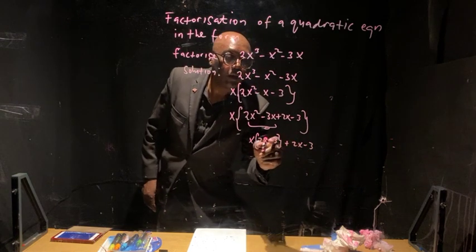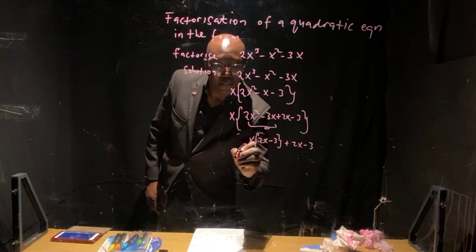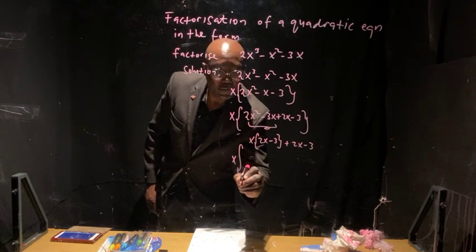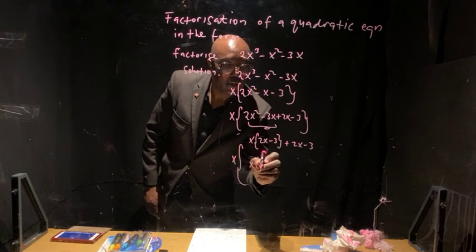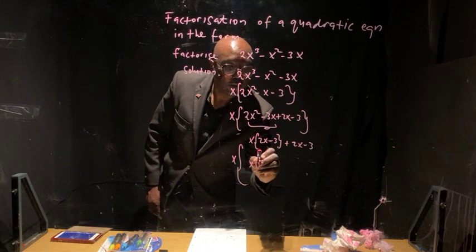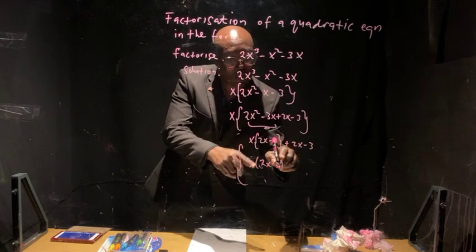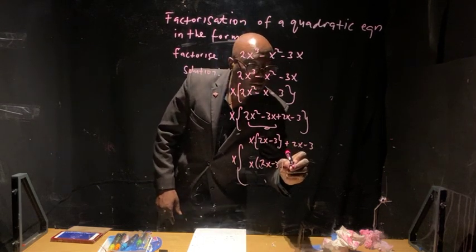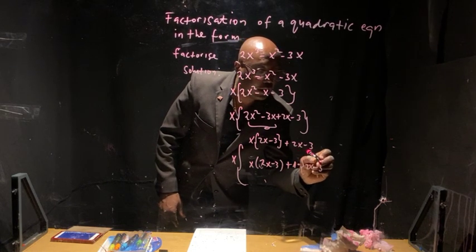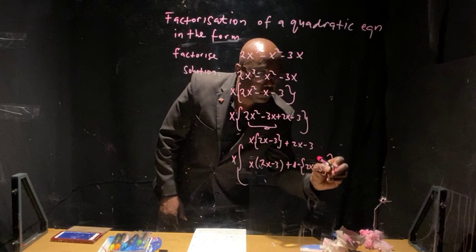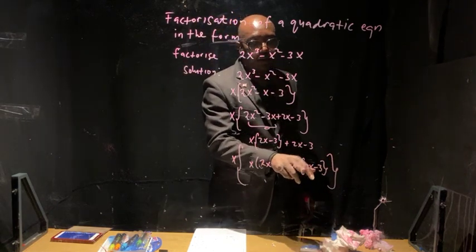So algebraically we can say x, the whole bracket, (2x minus 3), which is this one, plus, by manipulation, 2x minus 3, which is the same. Because by any means, if I multiply this one by this, it's still the same.